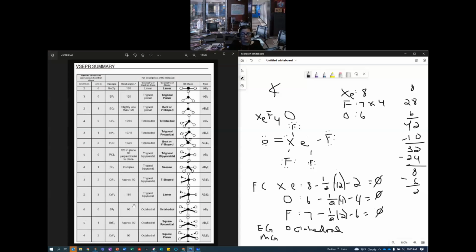There's 1, 2, 3, 4, 5 bonds, because we consider the double as 1. 5 bonds, 1 non-bond, which looks like BrF5. That's called a square pyramid. My bond angles are approximately 90 degrees, or not quite, but that's okay.